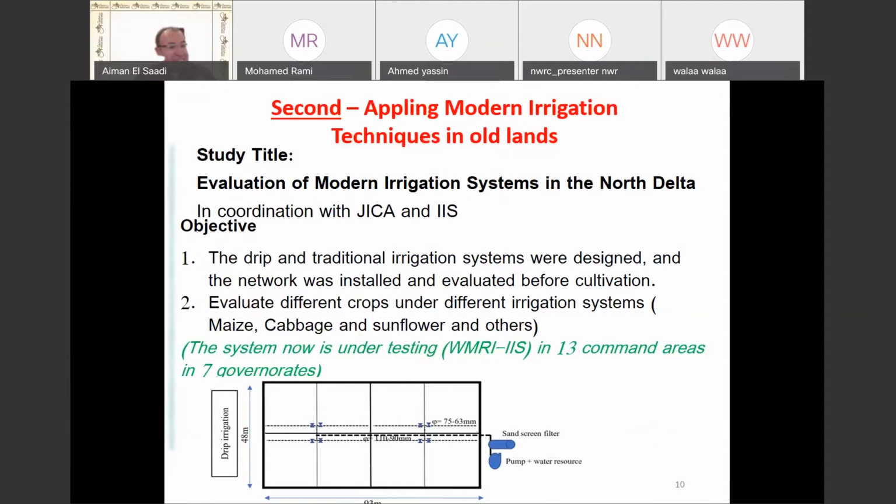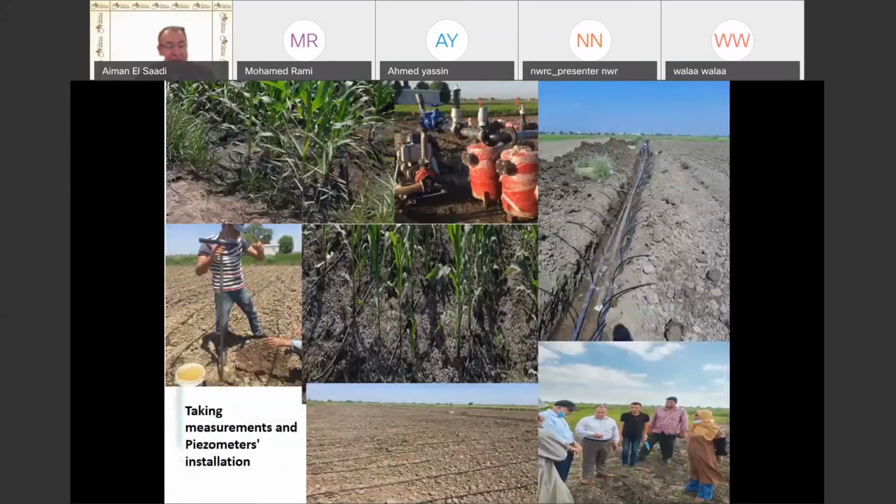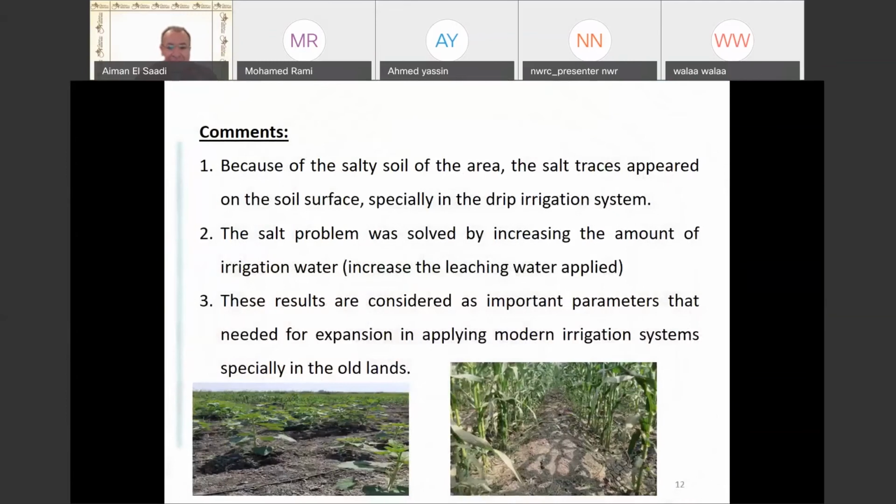We are testing the system again in 13 command areas in 7 governorates. The result of using new techniques, drip irrigation mainly in heavy area, gives us some results which I think should be considered if we need to expand.